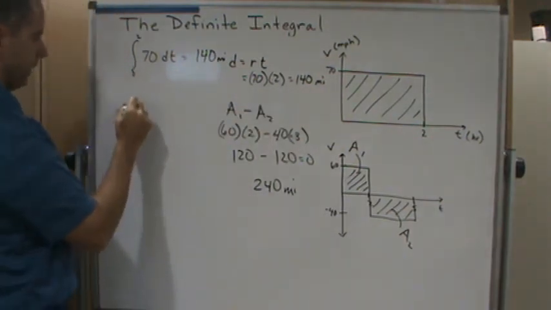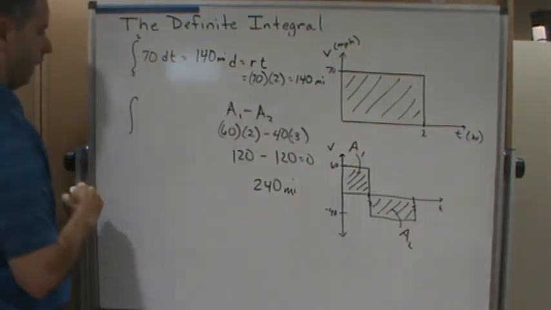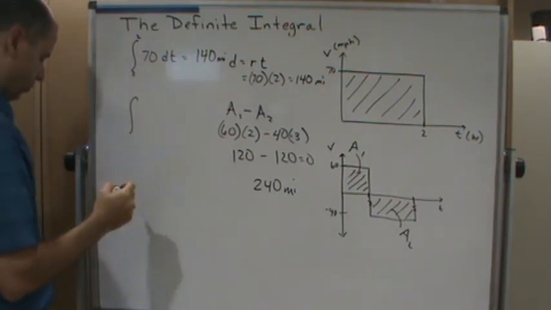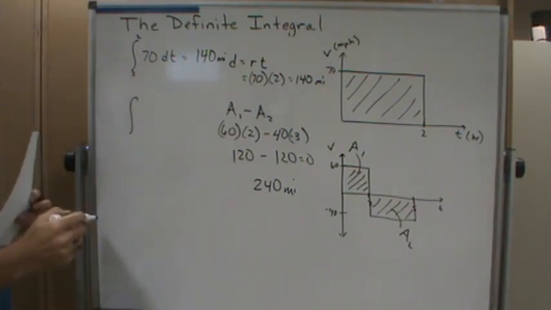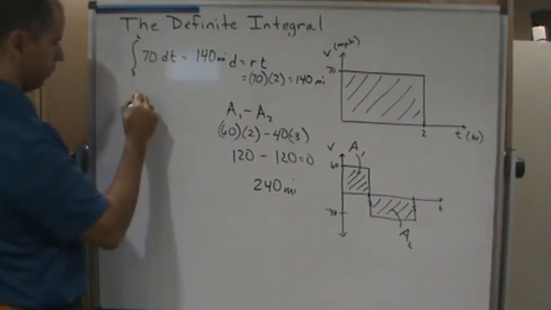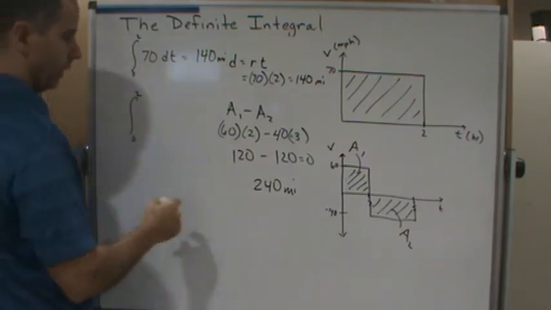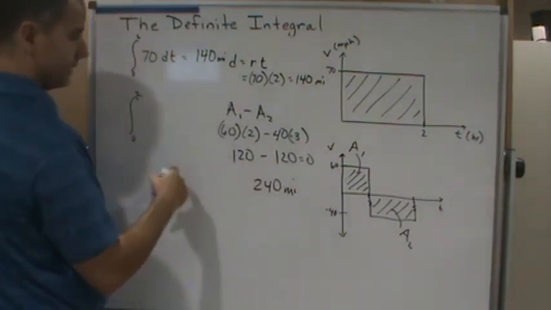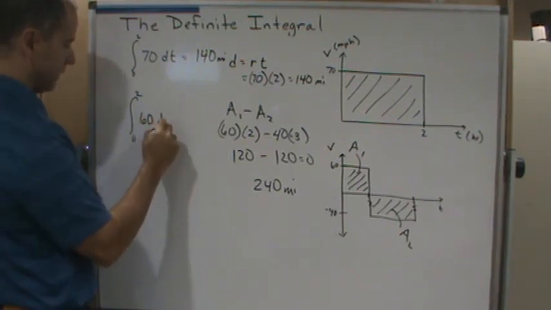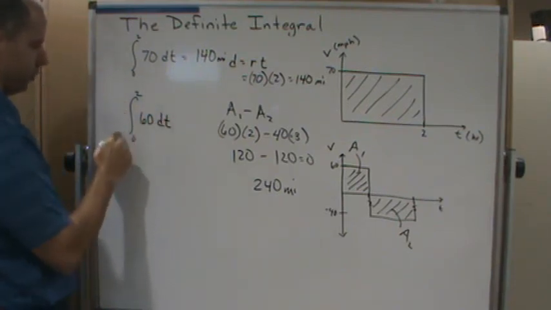And then of course here, we would do this in two steps. For the first part, it's going due north at 60 miles per hour, so it's constant velocity: the integral of 60 dt from 0 to 2.